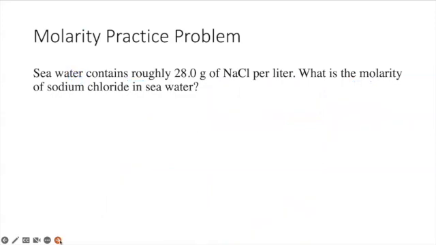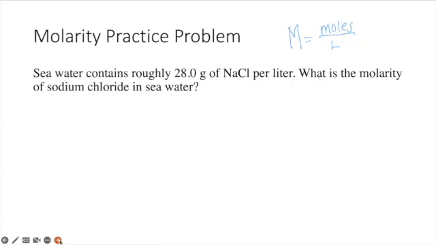So here's a molarity practice problem, or big M. Just a reminder, big M is moles over liters. Seawater contains roughly 28 grams of sodium chloride per liter.